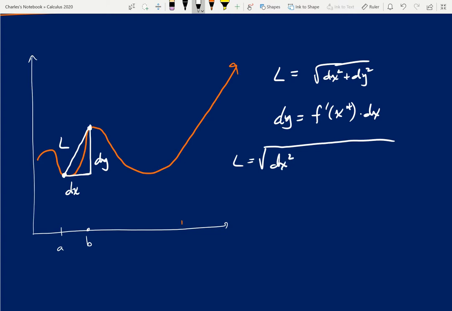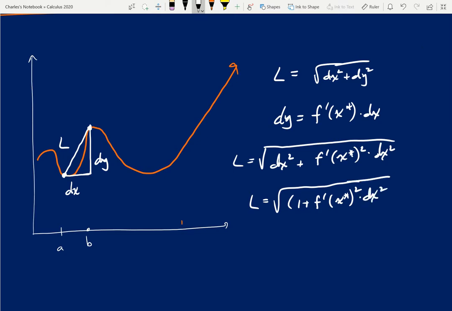Okay, so now I'm going to call this dx squared plus f prime of x star squared times dx squared. Then I could call this 1 plus f prime of x star squared times dx squared. All I did was factor out the dx squared.